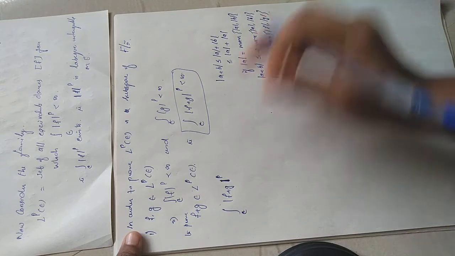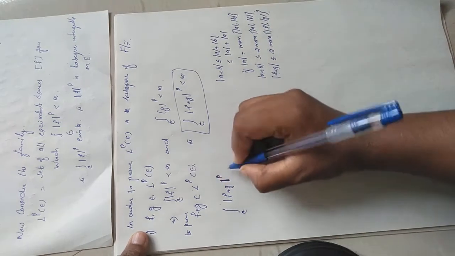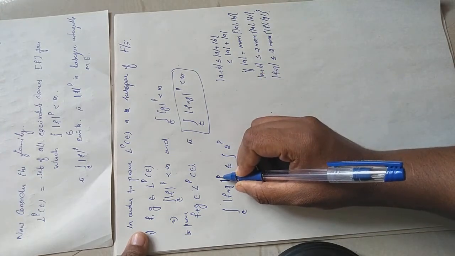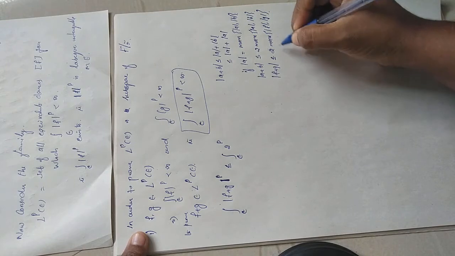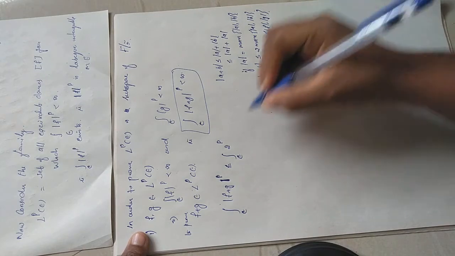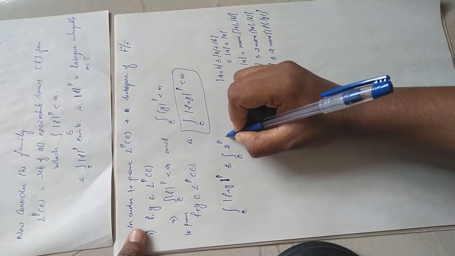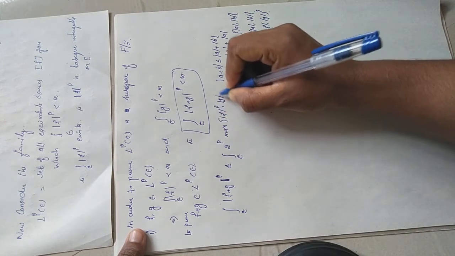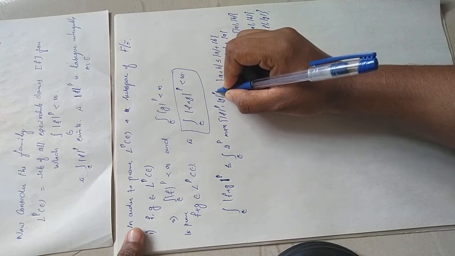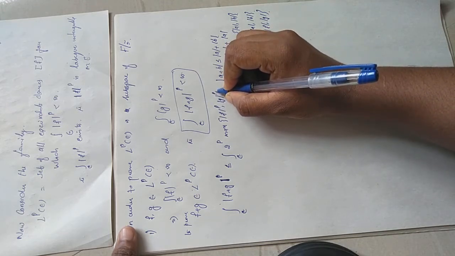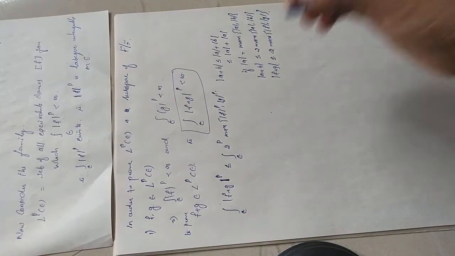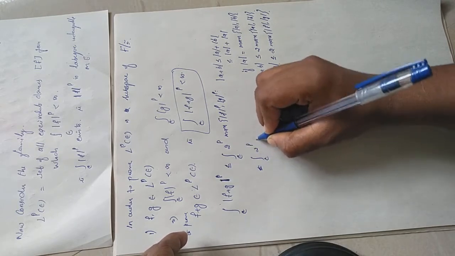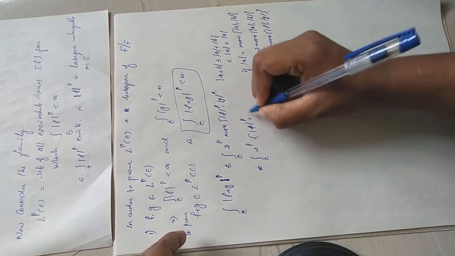So using this idea, integral over E mod f plus g raised to p will be less than or equal to integral over E 2 raised to p. Here we have the power p, so we have to apply this power to the right side of the inequality. So 2 raised to p maximum of mod f raised to p comma mod g raised to p, which is less than or equal to integral over E 2 raised to p into mod f raised to p plus mod g raised to p.